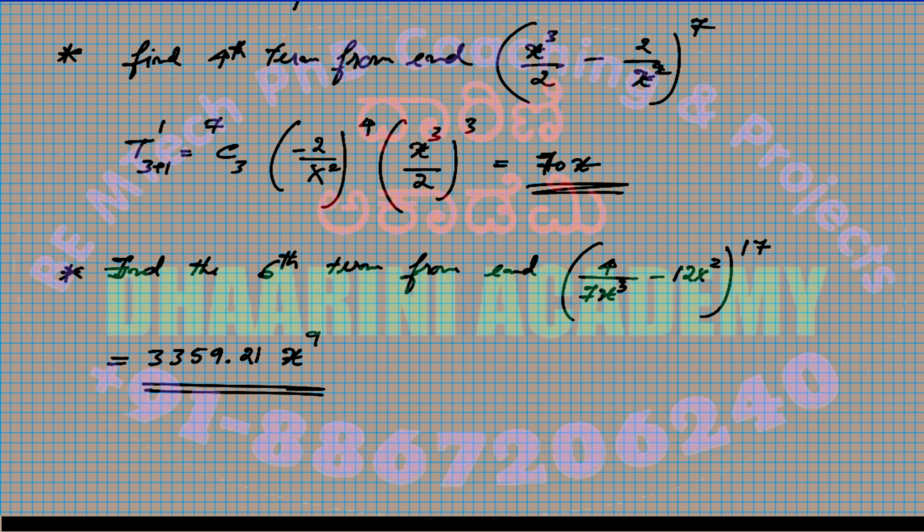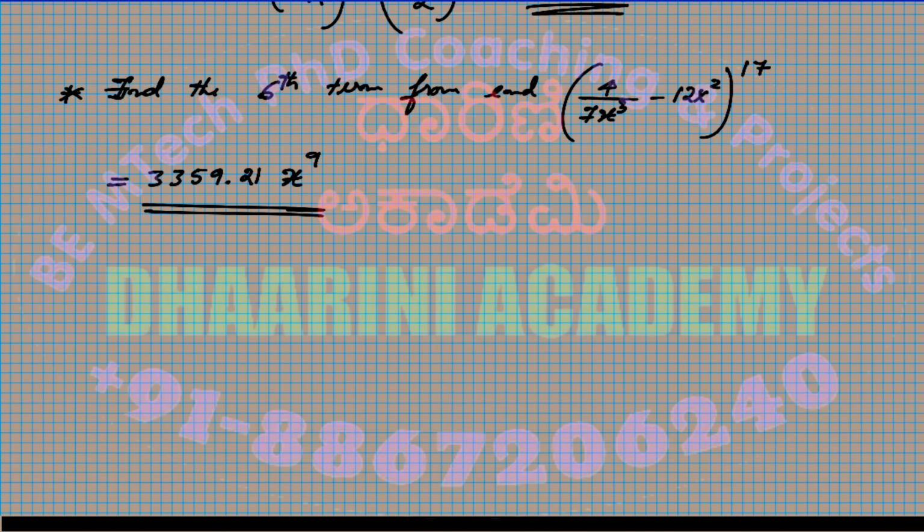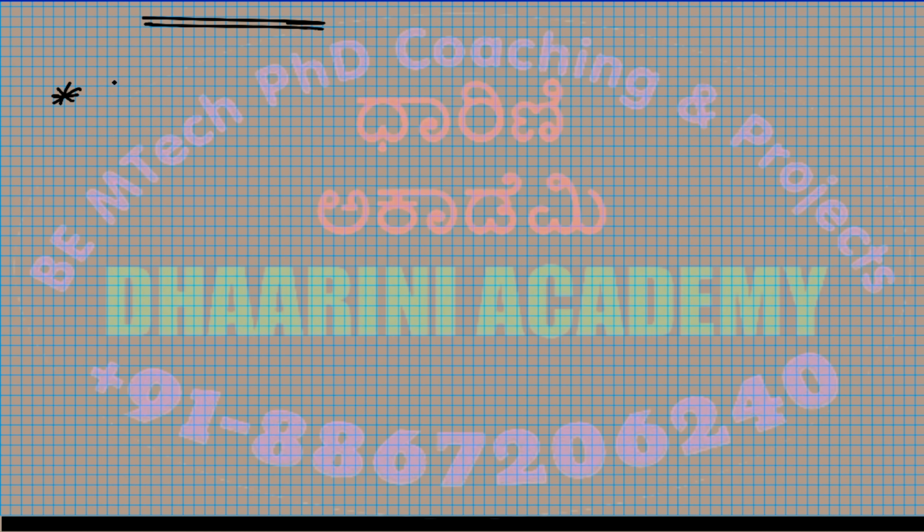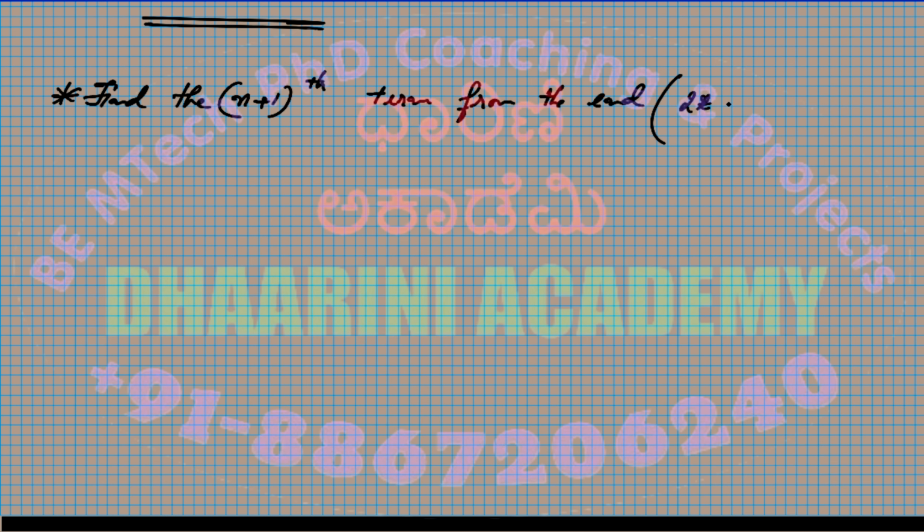Right. Next question. Find the n plus 1th term from the end in the expansion of (2x minus 1 by x) raised to the 3n.